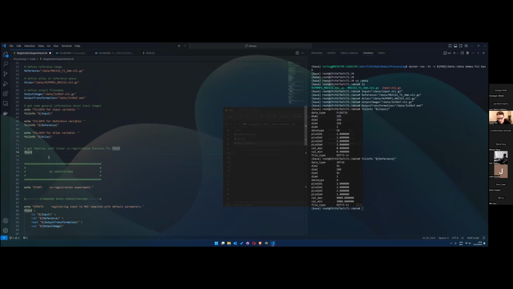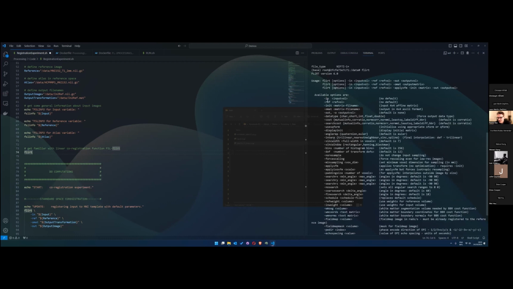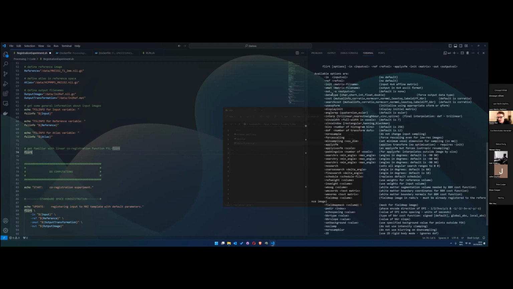If you want to learn a little bit about Flirt itself, you can already just call the help function, and we see a whole range of available options. Right? We have this basic structure of just providing an input, a reference, and then how it is saved. But we already see a lot of these variables that define specific aspects of this optimization problem.